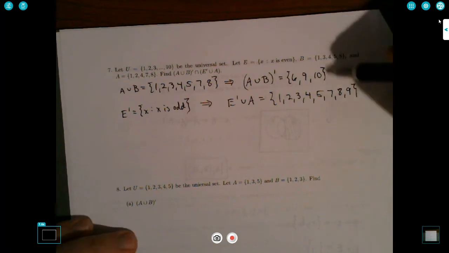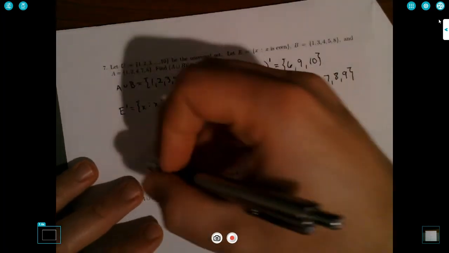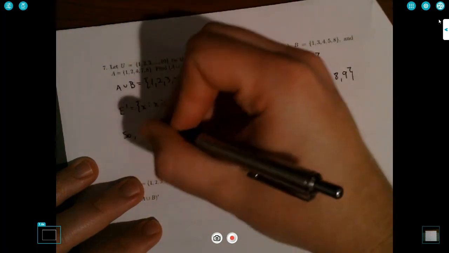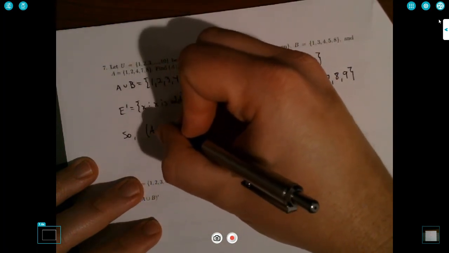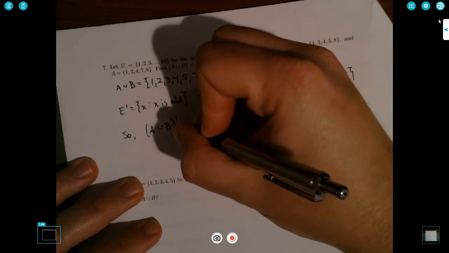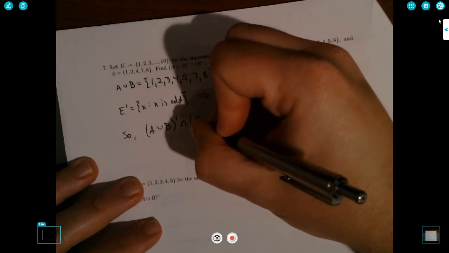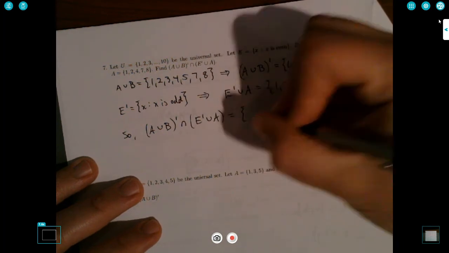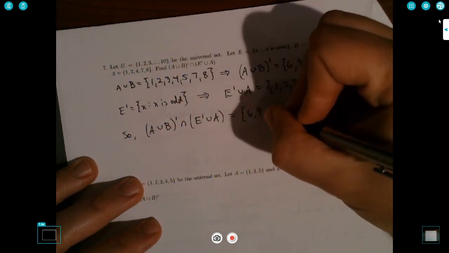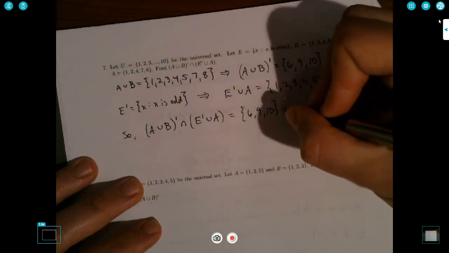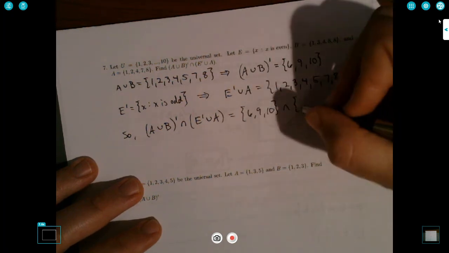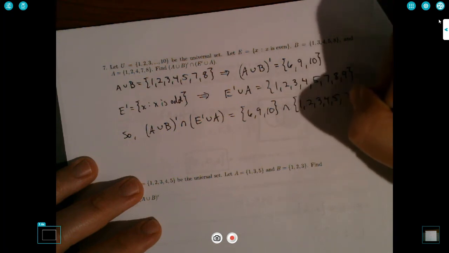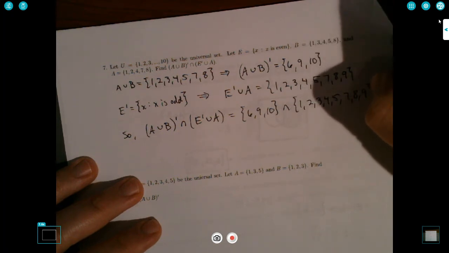Now I want to take the intersection of those two sets, right? So A union B complement intersect E complement union A is 6, 9, 10 intersect 1, 2, 3, 4, 5, 7, 8, and 9.